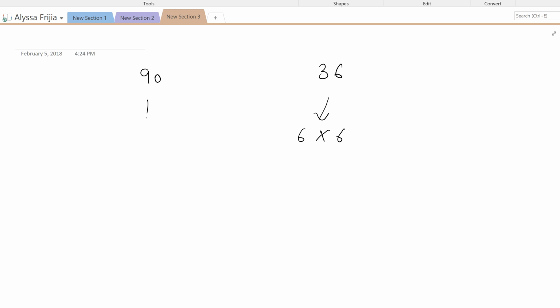And 90 is 9 times 10. Now keep breaking it. 9 is 3 times 3. And 10 is 5 times 2. And 6 is 3 times 2. So we are breaking 36 into that factorization.